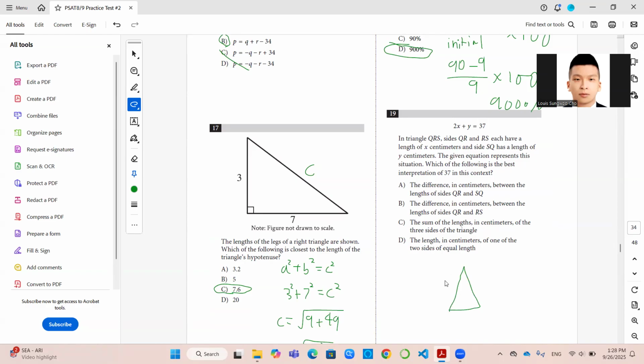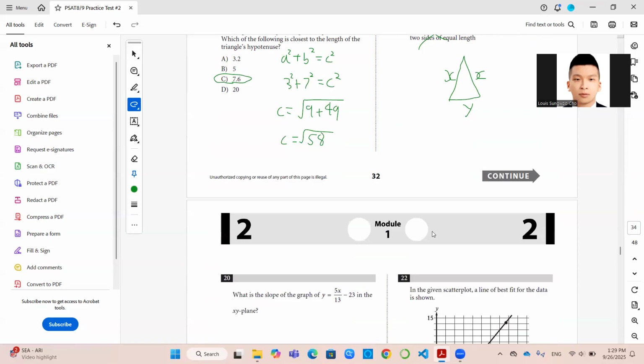What this means is it's an isosceles triangle. So 2x plus y, what does this mean? It's a perimeter, the perimeter of the isosceles triangle. So the sum is the correct answer, not the differences, and definitely not the length. It's the sum.